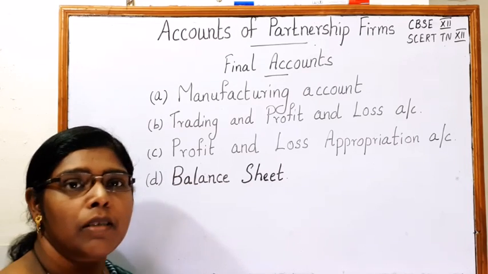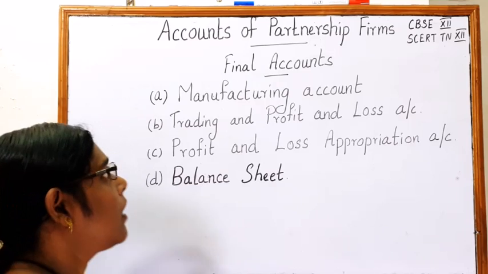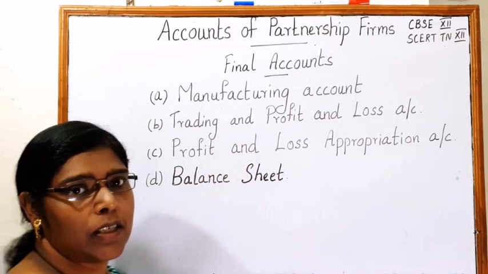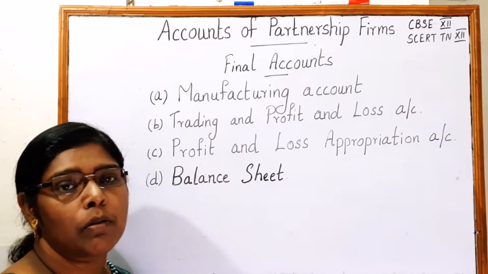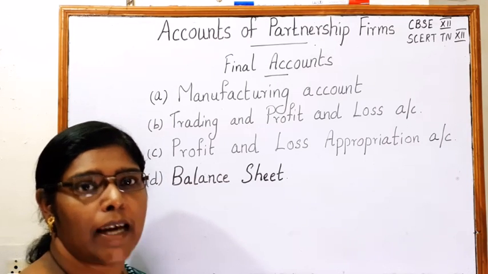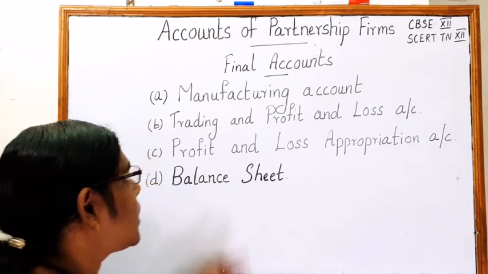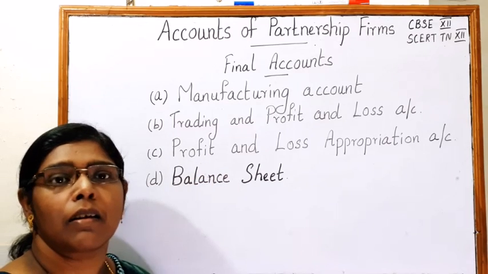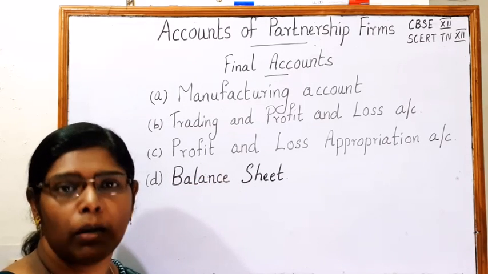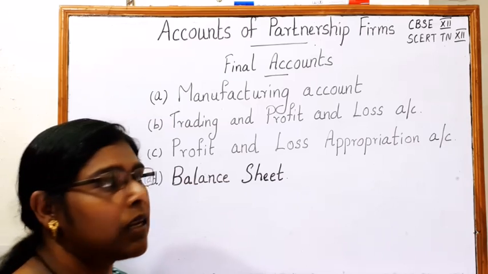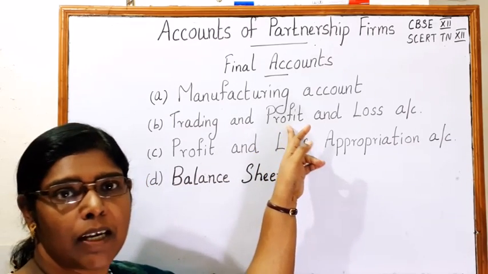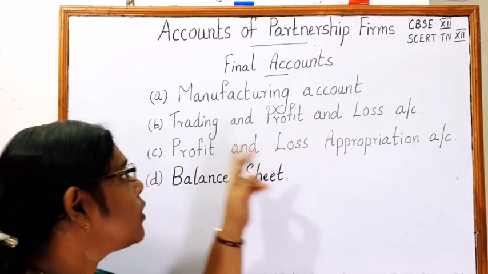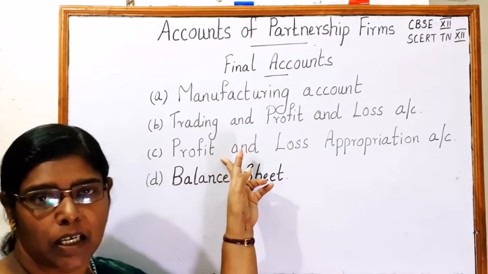Actually, when you talk about sole traders, when we prepare trading and profit and loss account, the profit or loss is transferred to the capital account directly. But here we have partners. We have two or more persons. So what we do is transfer the profit or loss which we get from the profit and loss account to the profit and loss appropriation account.